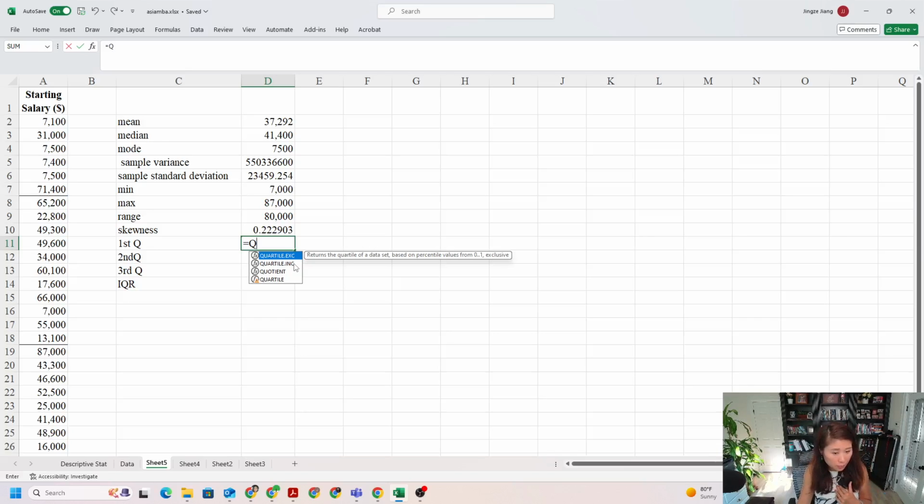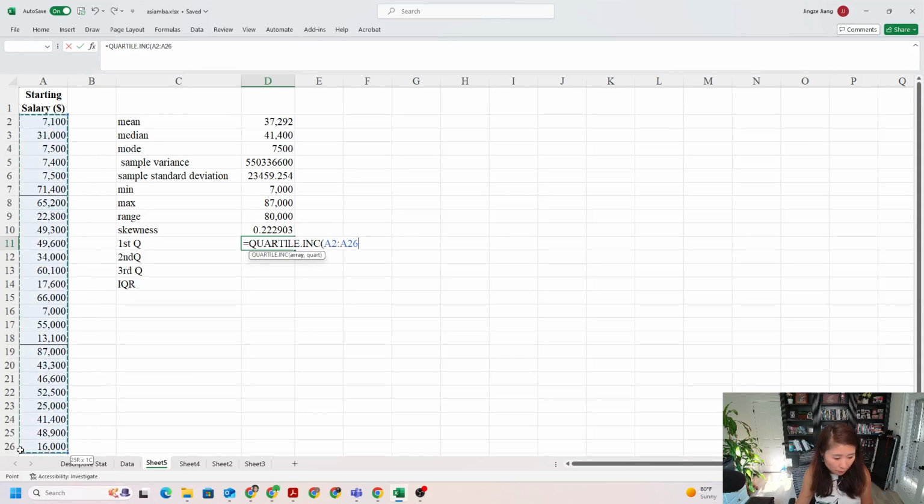For our class, we are using QUARTILE.INC, which is equivalent to the old QUARTILE formula. So basically, when we're looking at the quartile, we are not excluding the median when we are trying to find the first and the third quartile. So it's very important that we are using QUARTILE.INC. And then the array is the data set we have.